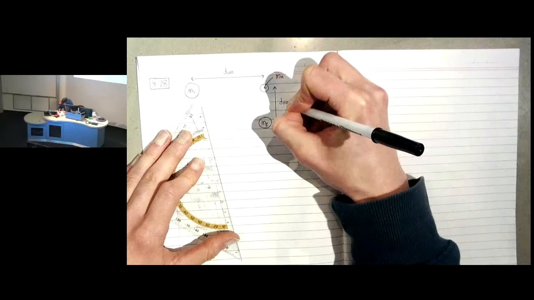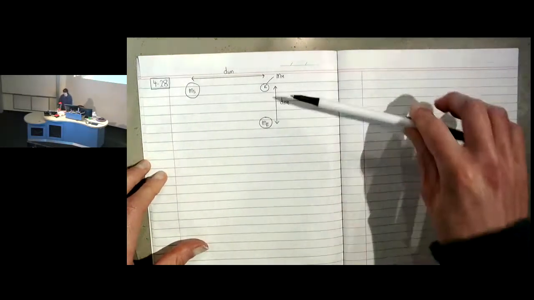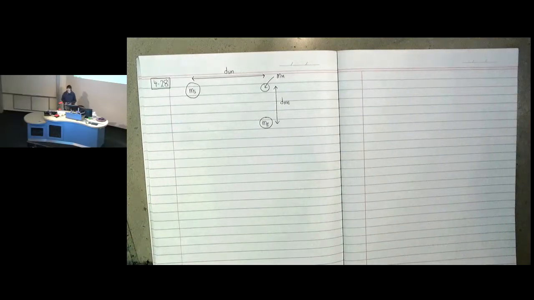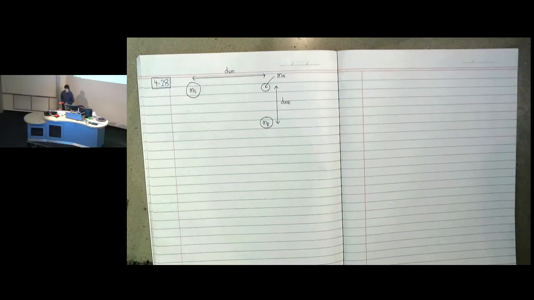And we're going to assume that these distances are the distances between the centres of these objects, because obviously the distance from the moon to the sun is a fair bit bigger than the radius of the sun, or the moon. And similarly for the distance between the moon and the Earth.